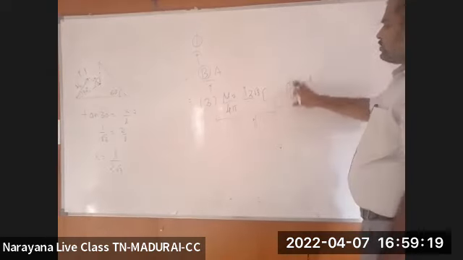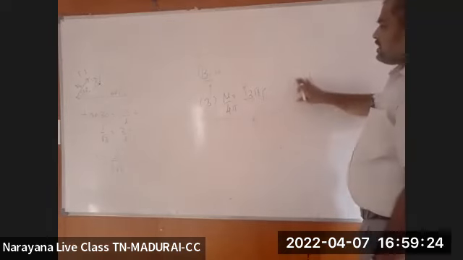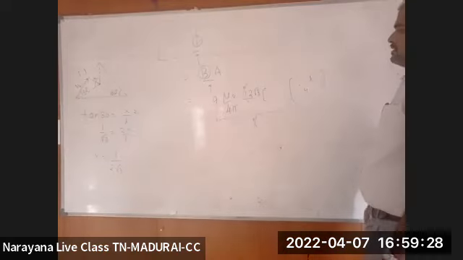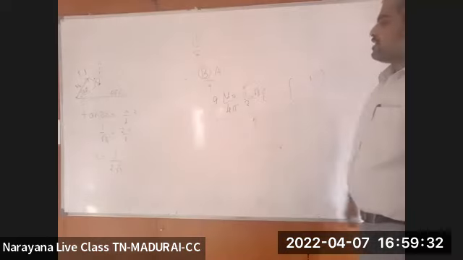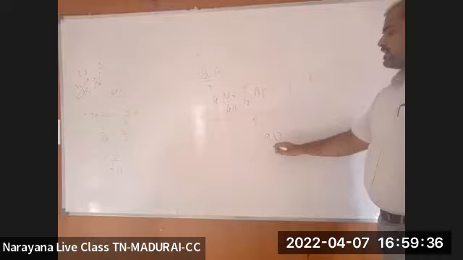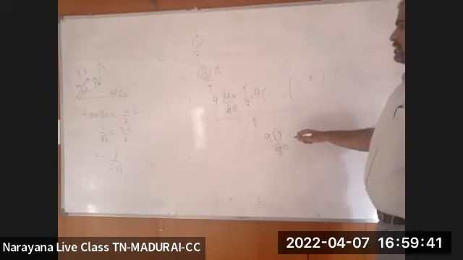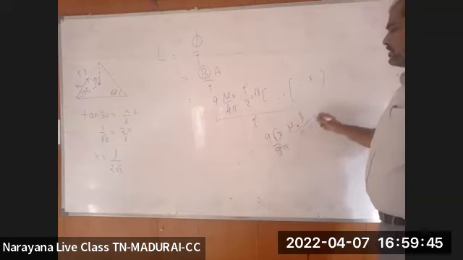Root 3 into root 3, how much? 3. 3 threes are 9. 2 ones are 2, 2 twos are 4. So what is our answer? 9 root 3 by 8 into 5, how much? Mu naught L by 5 is your answer.